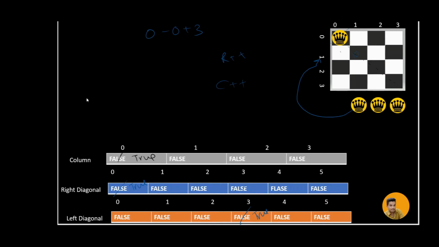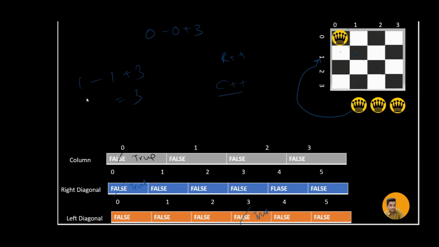Now we'll check the diagonals. For the right diagonal, row plus column, 1 plus 1 is 2, it is false, so you can keep it here. Okay, we'll check the left diagonal. How are we going to check it? Row minus column plus 3, so this results in 3. No, it is true, you can't keep the queen here.